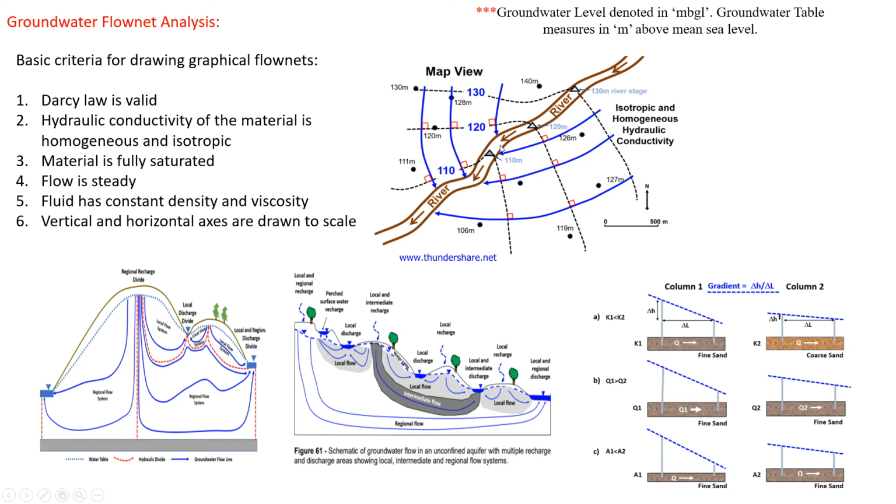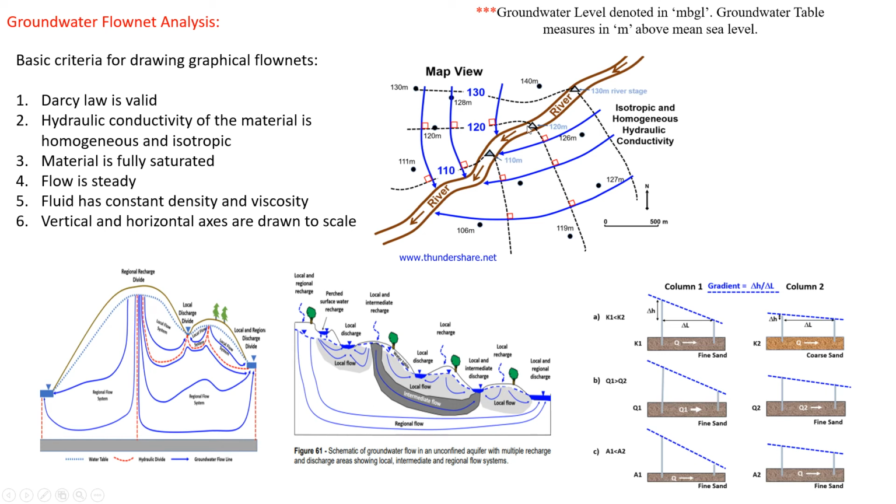Here the river water surface elevation is low compared to the groundwater table. Here also the water surface elevation is low compared to the water table. So due to the difference in head, due to gravity, there is some contribution of water from the groundwater into the surface water.